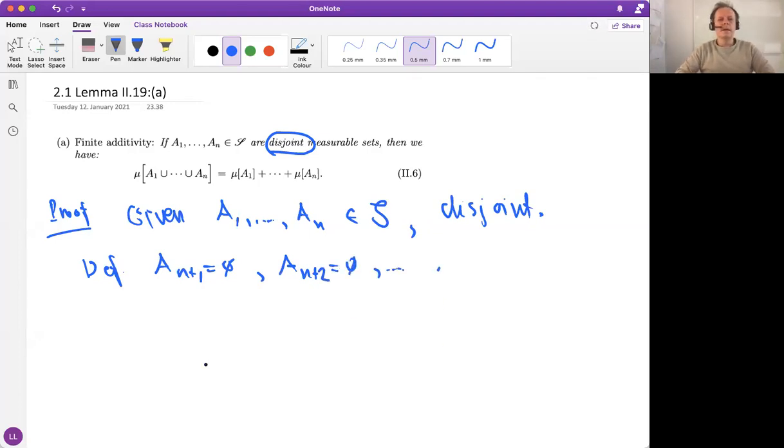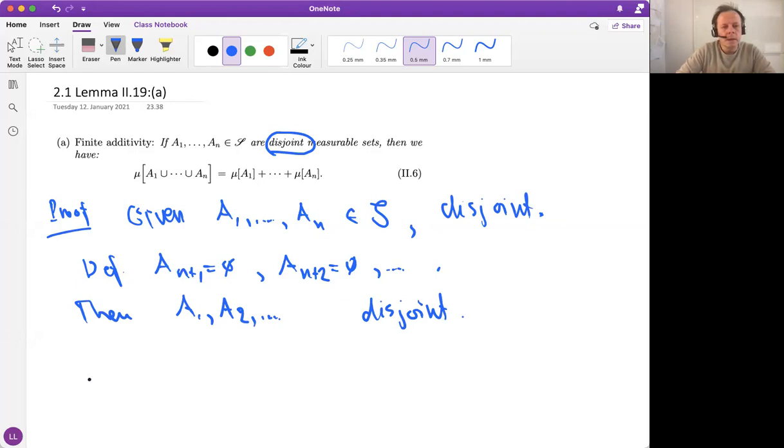So we define these to be empty. Then we have an infinite sequence, and this infinite collection is still a disjoint collection because these empty sets are of course disjoint from everything by definition.